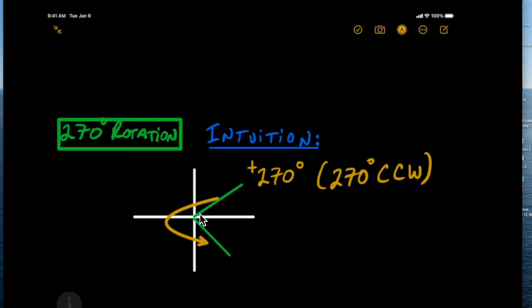If we draw this line and we rotate it counterclockwise, again that is considered positive, 270 degrees, we would end up in this location. But notice, if we were to rotate 90 degrees clockwise, that would be negative in the convention. We would end up in the same location. So a 270-degree rotation this way is the same as a 90-degree rotation this way.